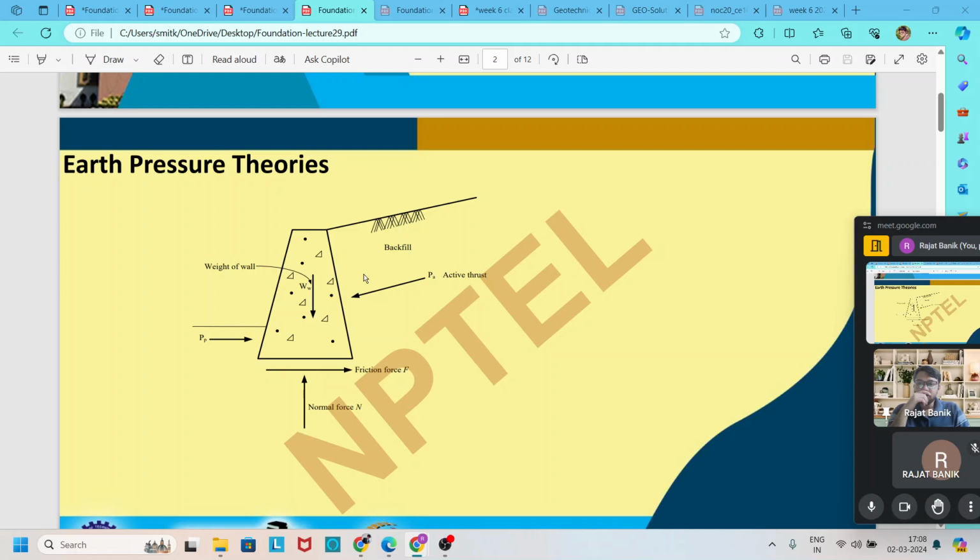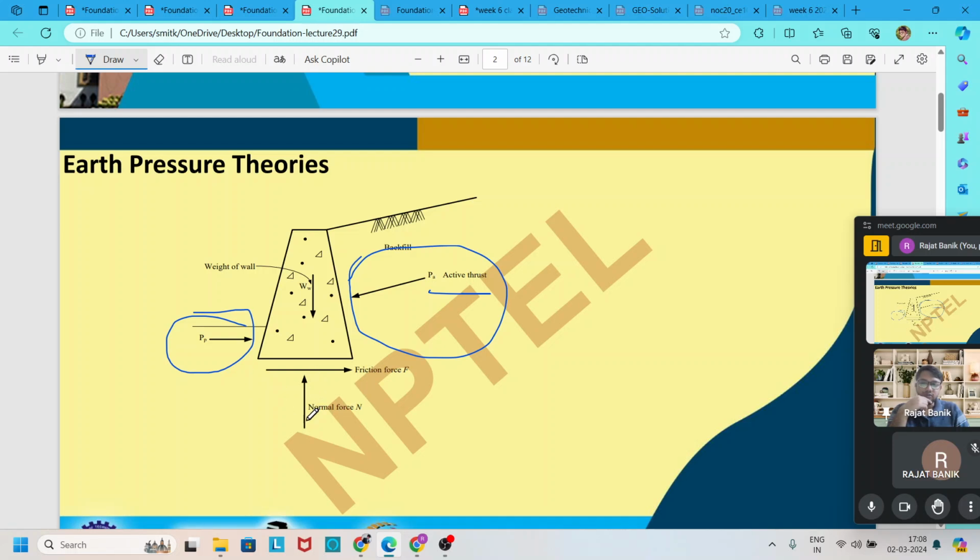In lecture number 29, we saw that different types of pressure or force act on the retaining wall. On the back, from the backfill material, the force is called active thrust. In front of the retaining wall, the force is called passive thrust.